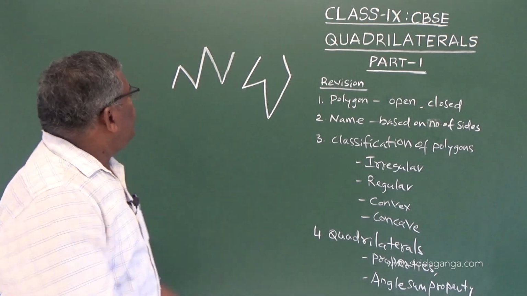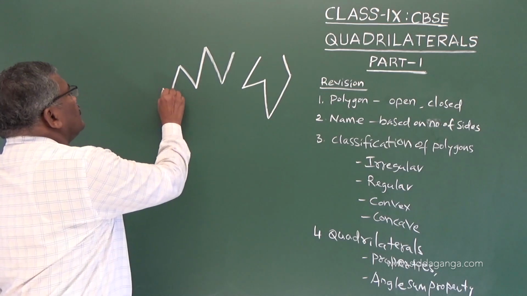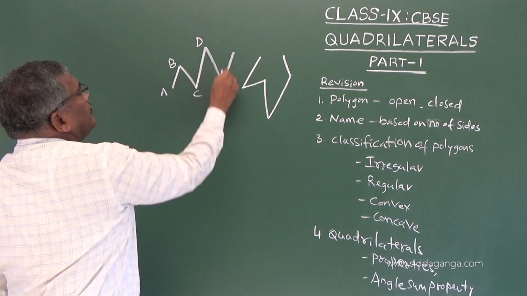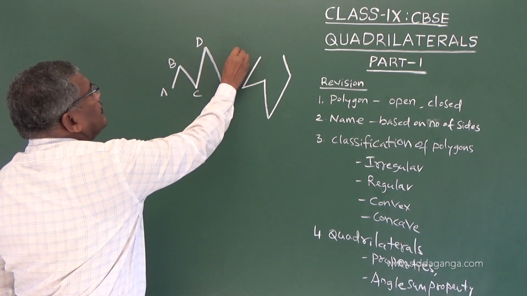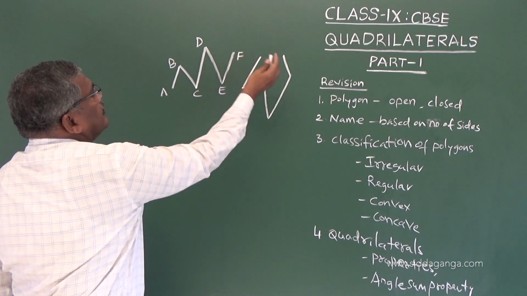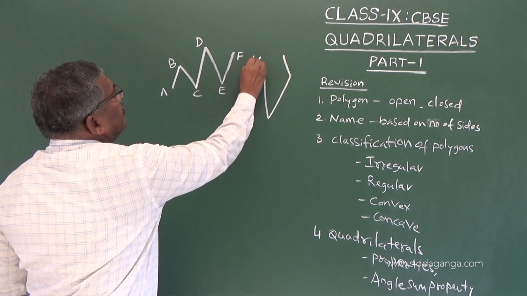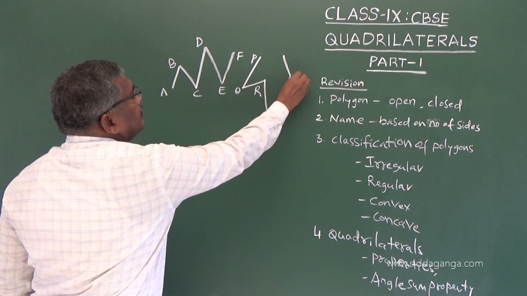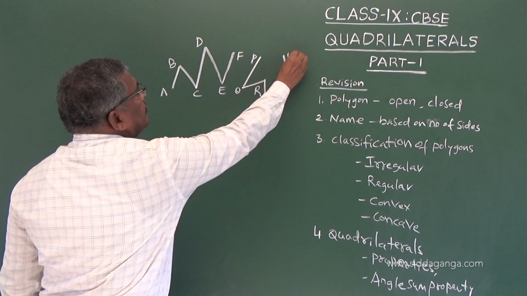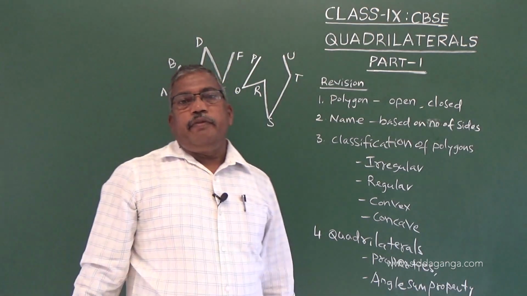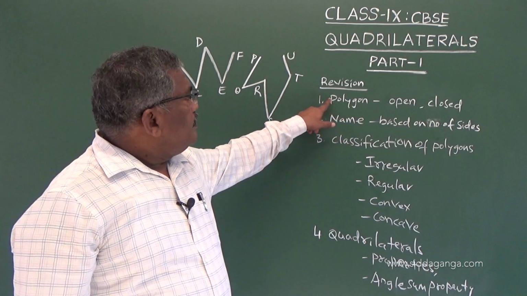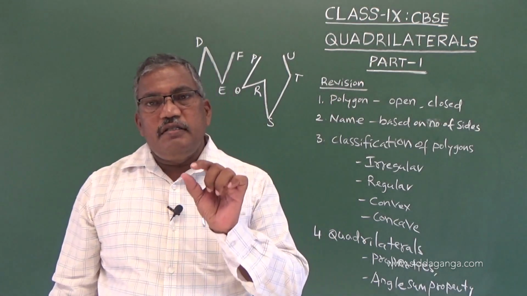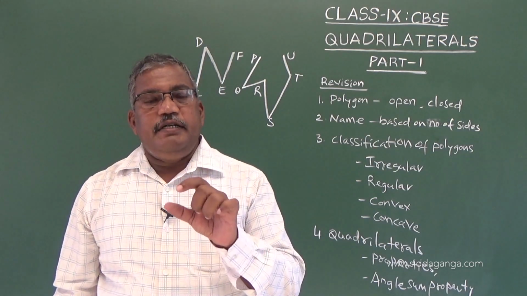So if I name this A, B, C, D, E, F, and this P, Q, R, S, T and U. Polygon, gon means side or a line segment.